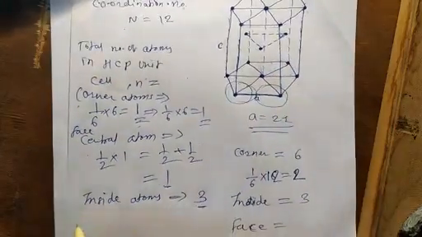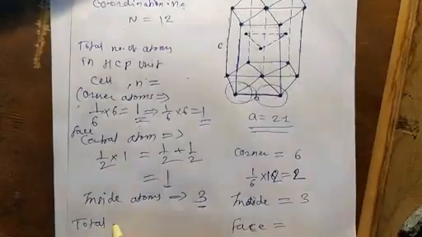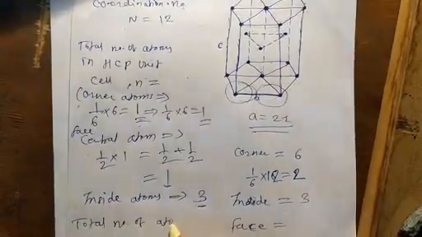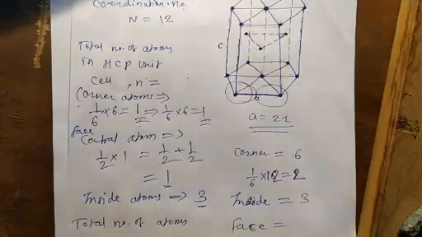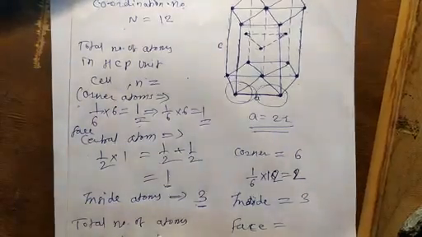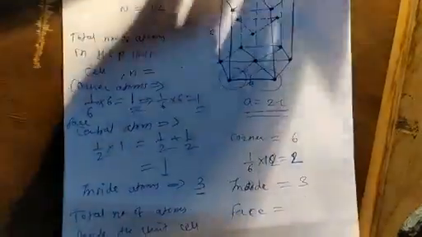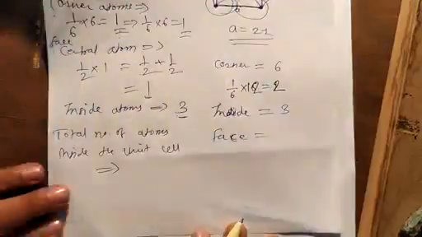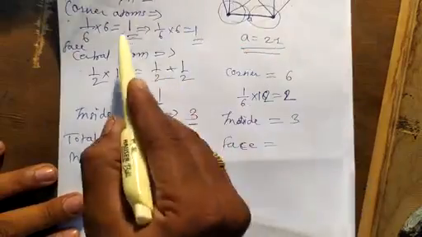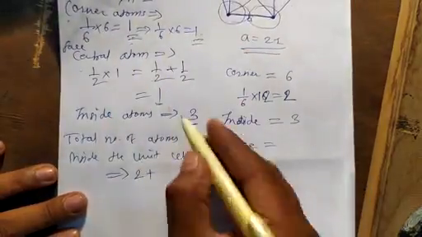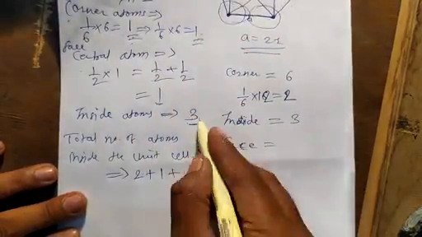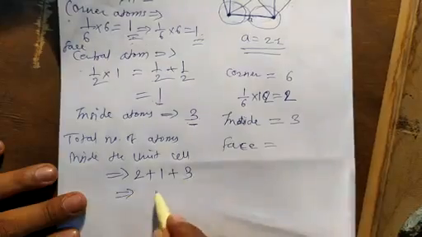Therefore the total number of atoms inside this unit cell will be equal to 1 plus 1, that is 2, plus half plus half, that is 1, plus 3 internal, that is equal to 6.